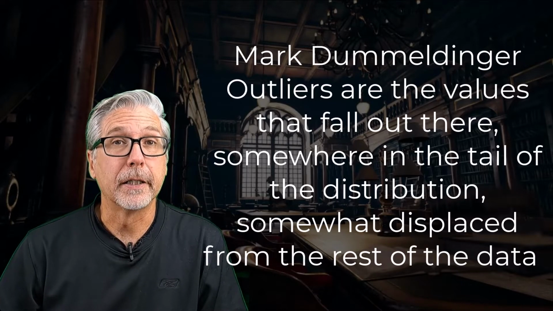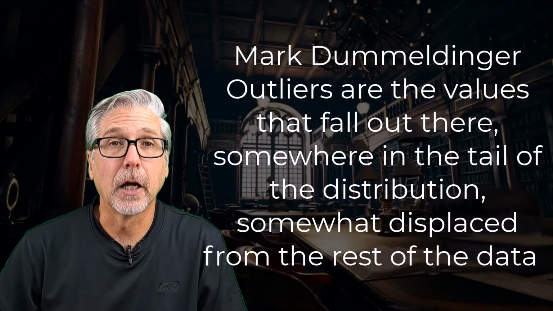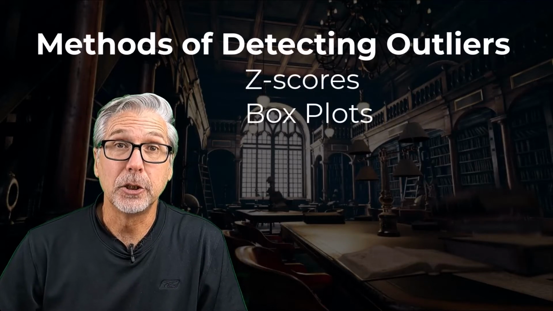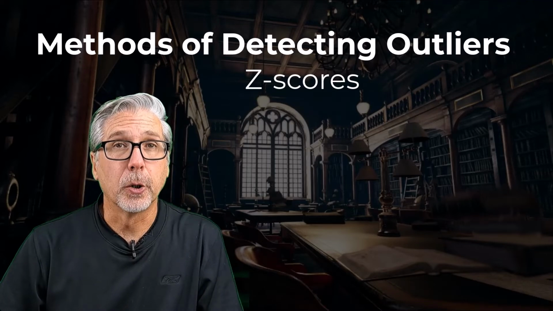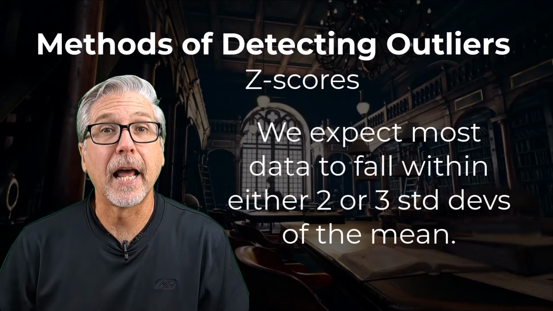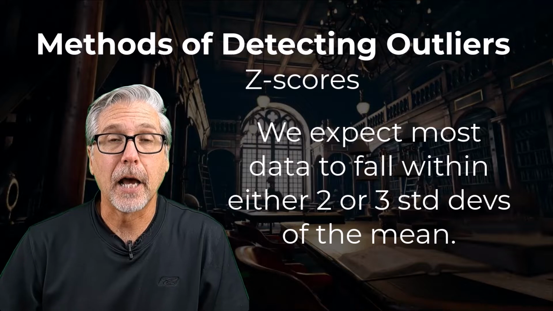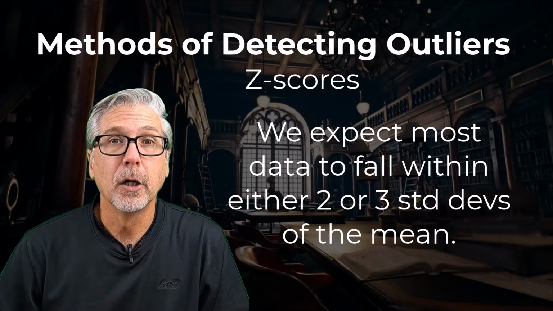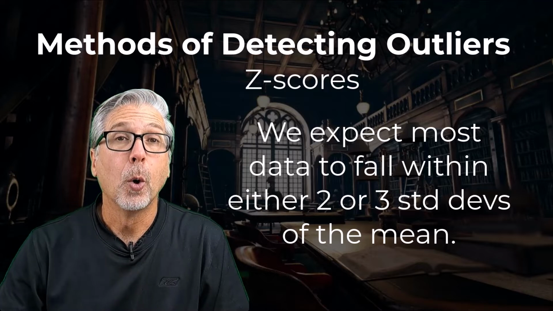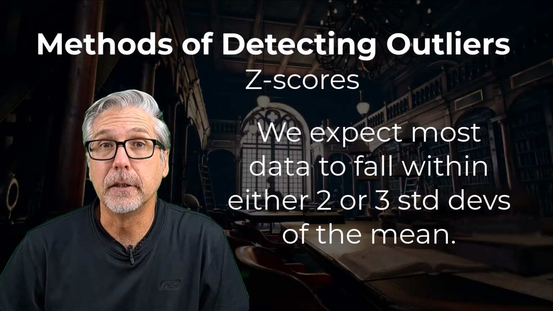Well, maybe looking at the two most common methods of detecting outliers will help. Z-scores and box plots. Let's begin with Z-scores. Earlier, we looked at some rules to help us understand how a standard deviation works and how to interpret it. We ended up saying that most of the data in our data set will fall between 2 or 3 standard deviations of the mean.